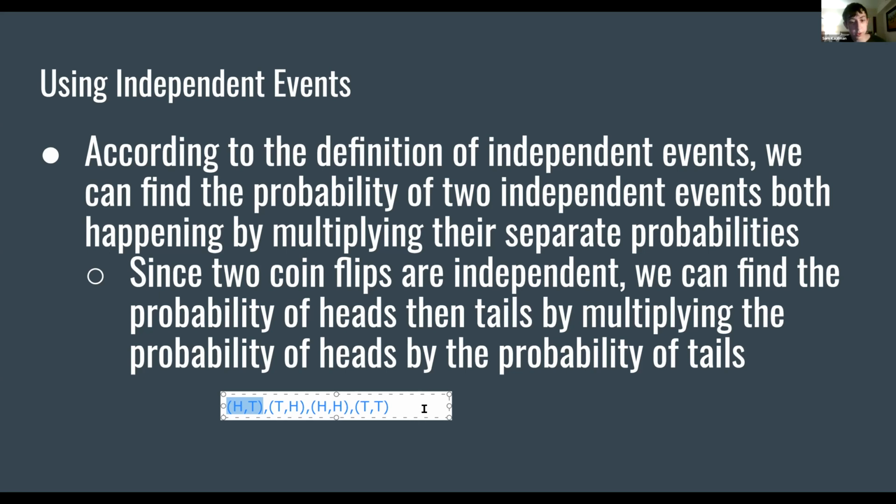So our probability is 1/4. Instead of doing that, we can just say the probability of heads the first time is 1/2. The probability of tails the second time is 1/2. So our probability of them happening together is 1/4. So we can use this whenever we have two independent events, and we will do some practice with that.